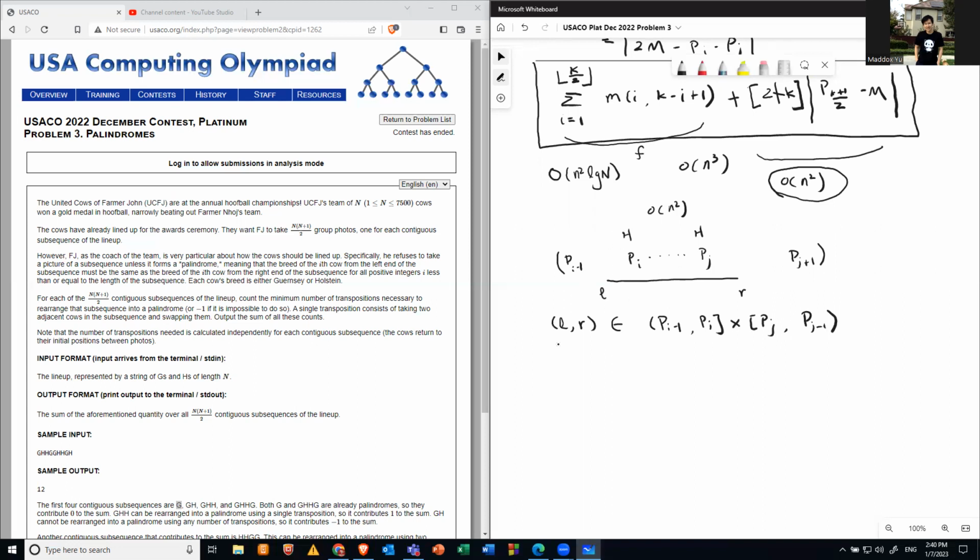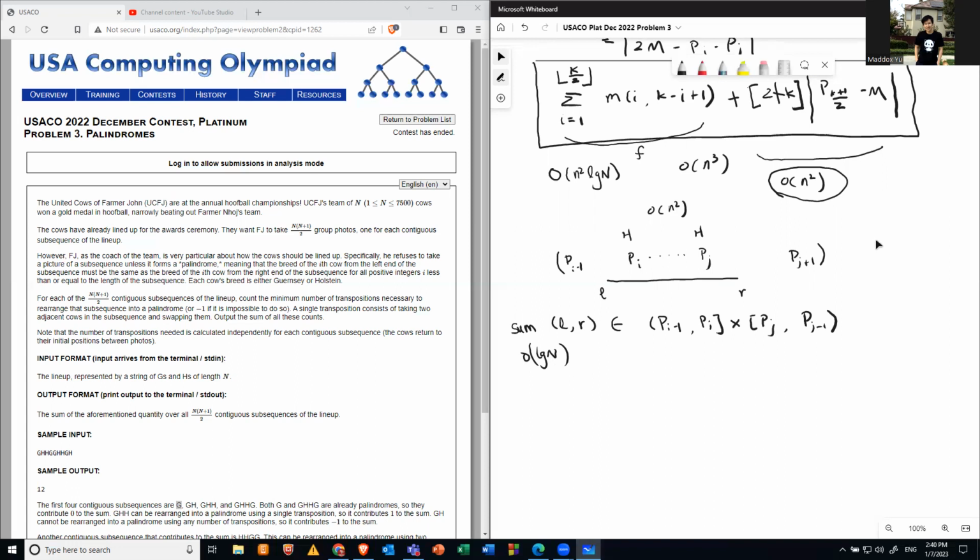So we do the sum of this. If we do the sum in log n complexity, then we can solve this easily, right? Then we can solve this.